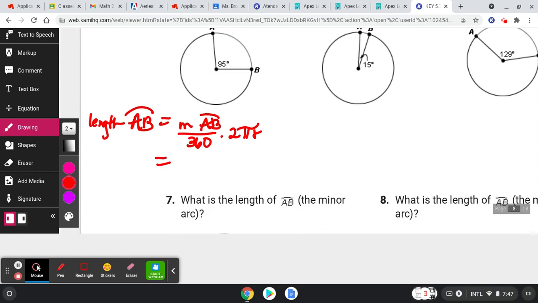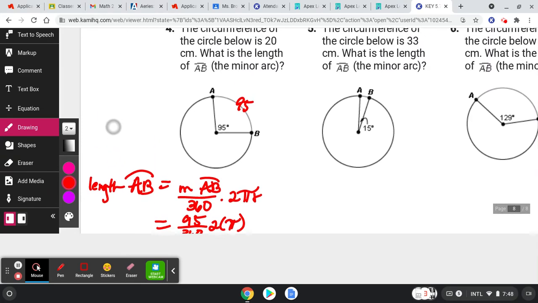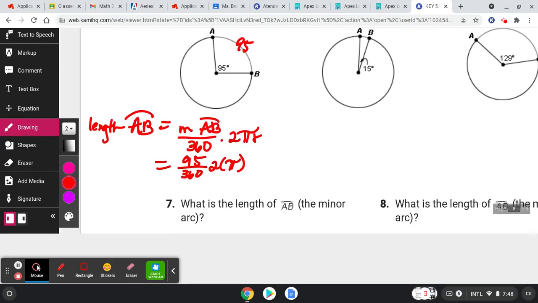So this time, do you see that the measure of my arc is 95 over 360 times 2 pi. Now, by the way, they told us the circumference is 20. So this time, instead of doing 2 pi r, I can actually just put straight in the circumference of 20.